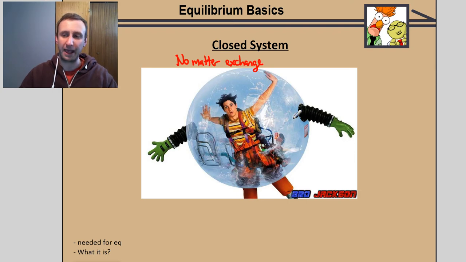So as long as I don't have anything going in or anything going out, then I can consider this to be a closed system. Now, you learned about open systems and isolated systems in the energy unit. When I have an open system, that means I have matter exchange and energy exchange. And when I have an isolated system, that means I have no matter and no energy being exchanged.